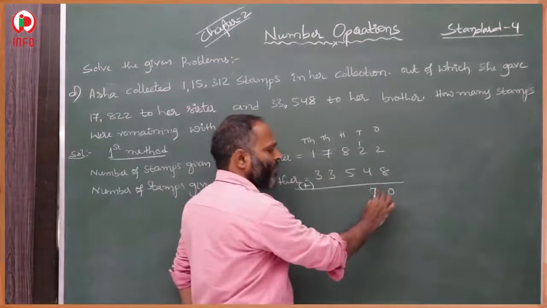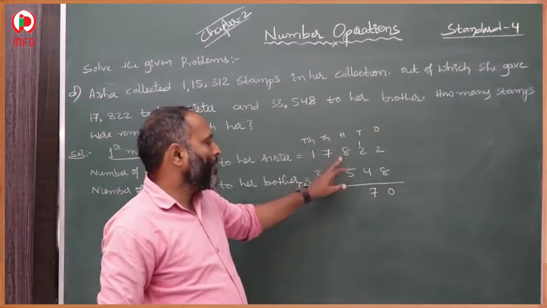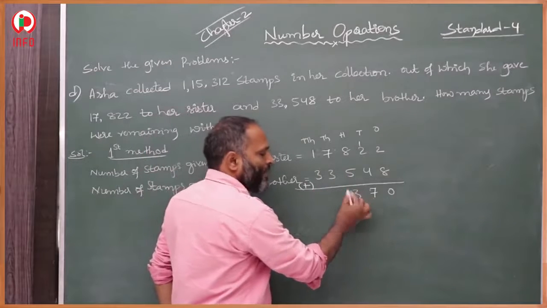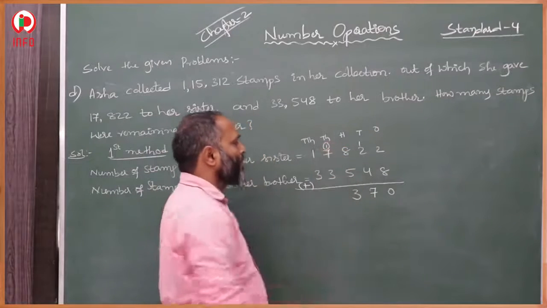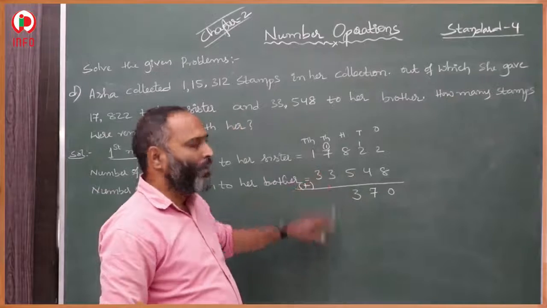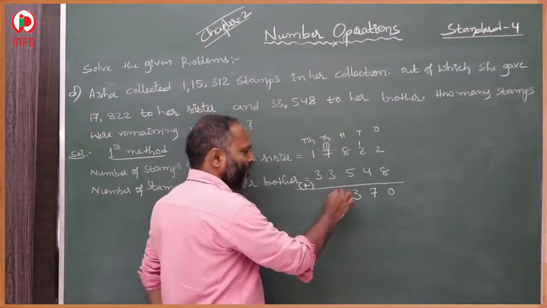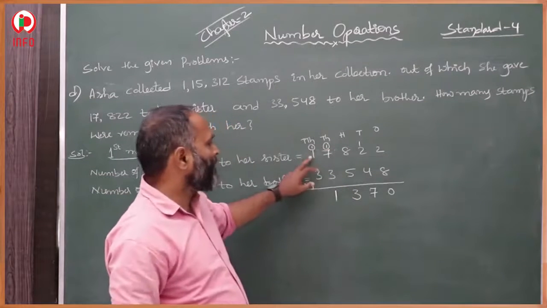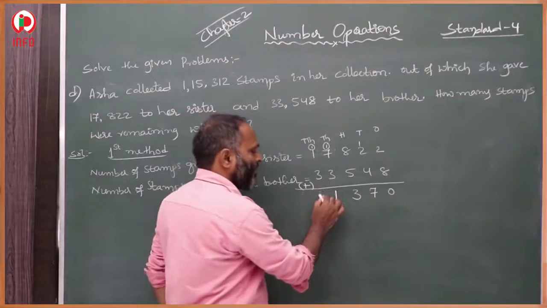Single digit 7 as it is. 8 plus 5 is 13. Double digit number, 3 is here and 1 is carried. 7 plus 1 is 8. 8 plus 3 is 11. Double digit number, 1 here and 1 carried. 3 plus 1 is 4. 4 plus 1 is 5.